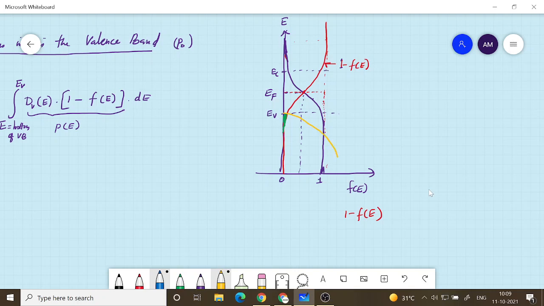Just like we had dC of E, the conduction band density of states, this is dV of E. So by multiplying dV of E with 1 minus f of E, what we are going to get, if I show only that portion, is dV of E into 1 minus f of E.